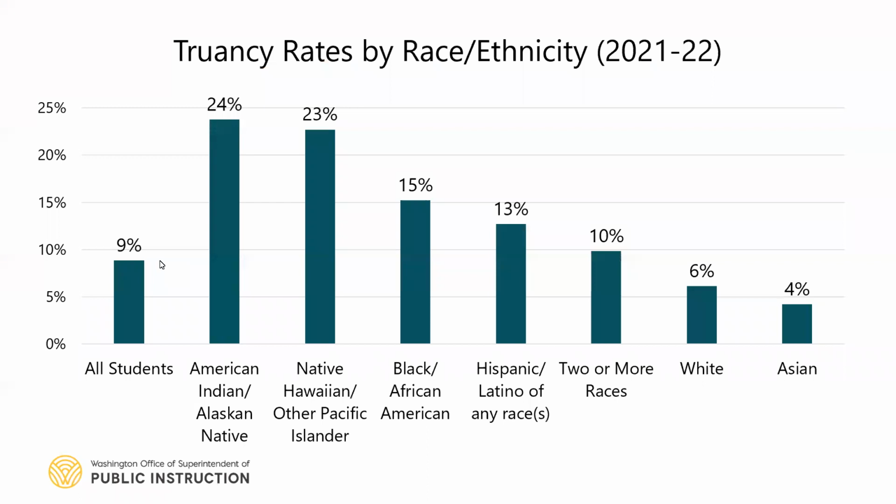We can see American Indian, Alaska Native students, 24% of them meet the truancy thresholds, and then all the way down to the far end of the graph, where 4% of students reported to OSPI as Asian experienced truancy. It's clear that our students of color have the highest truancy rates. These are historical trends. Next slide.